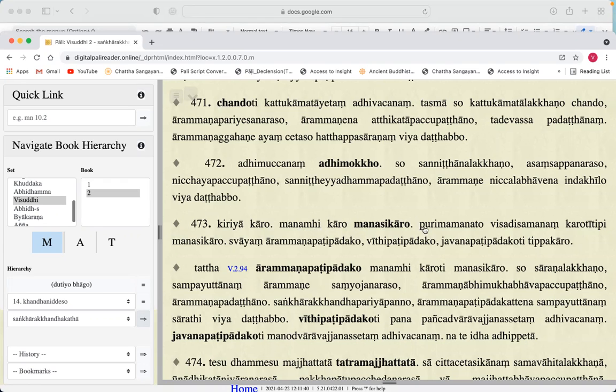And the second explanation, okay, here the author explains: Burima Manado Wizardisa Manankarodi Dibi Manasikaro. Second way.